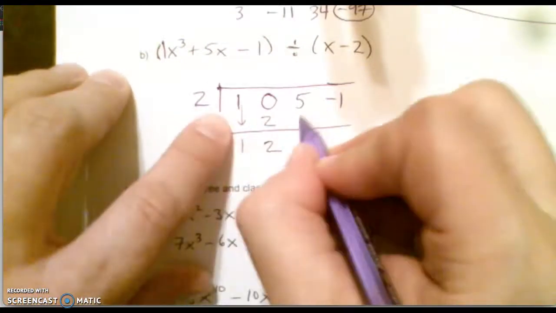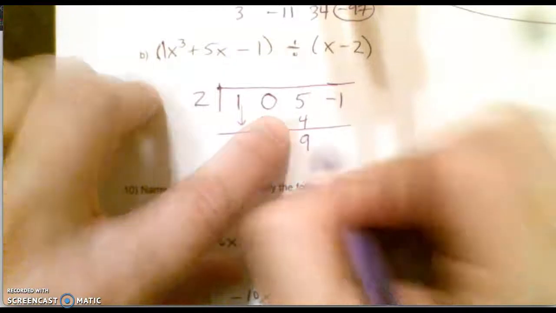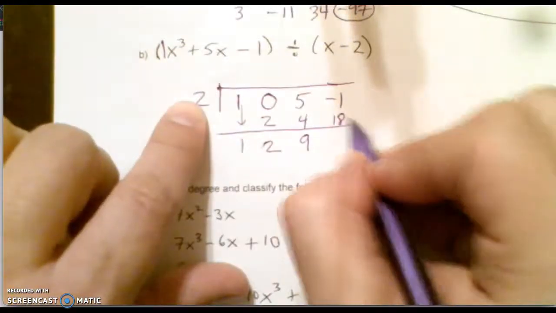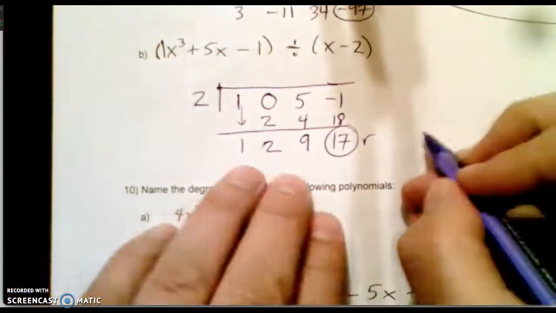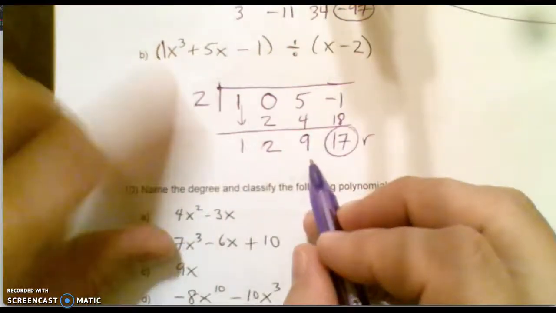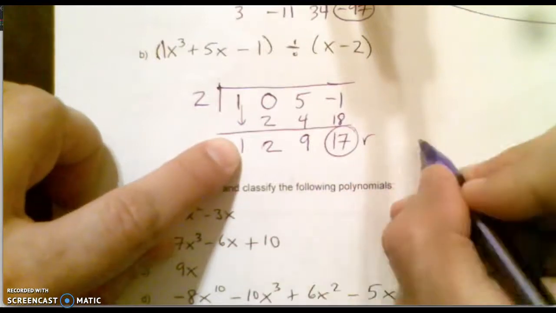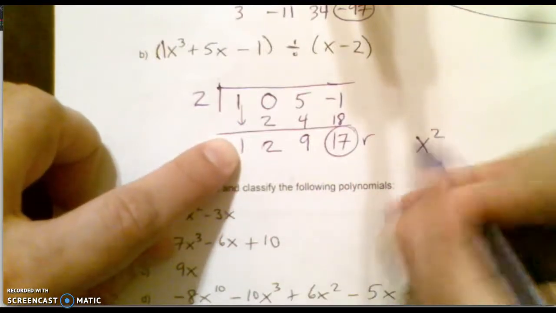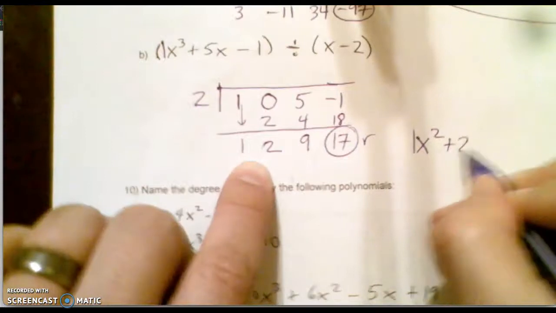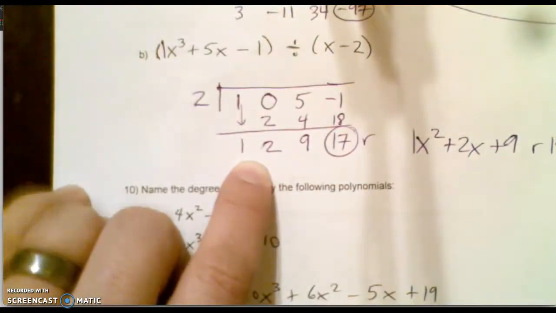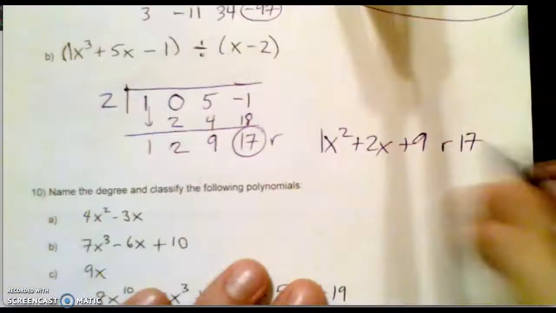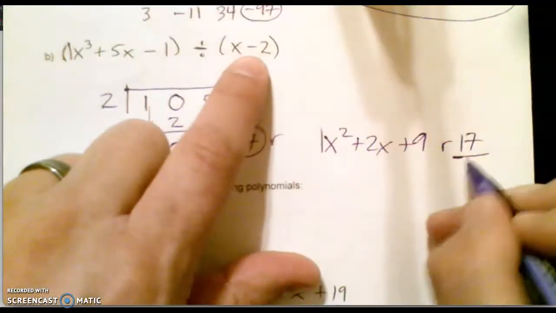Multiply, 2 times 2 is 4, add. Multiply, 2 times 9 is 18, add. There's my remainder. So remember, if I started with cubed, this is how many squareds I have. So I have x squared, you can say 1x squared if you want, plus 2x, plus 9, remainder 17. Or if I want to be really fancy, it's 17 over that.